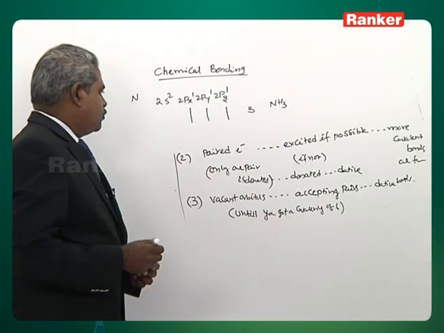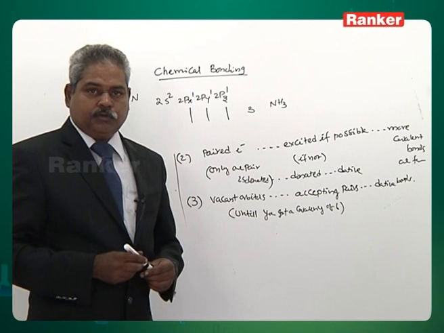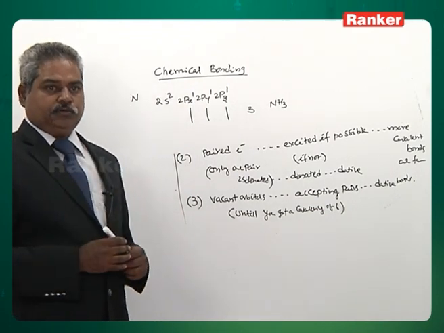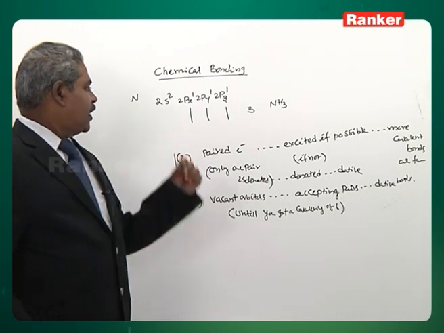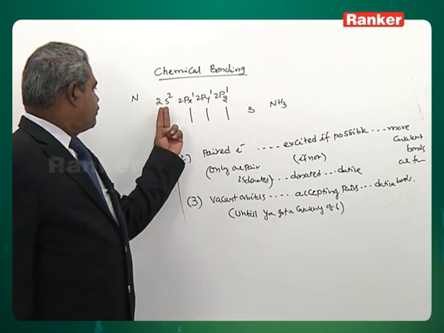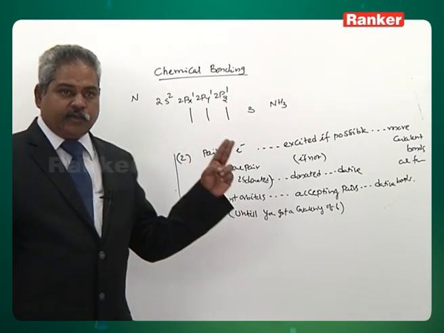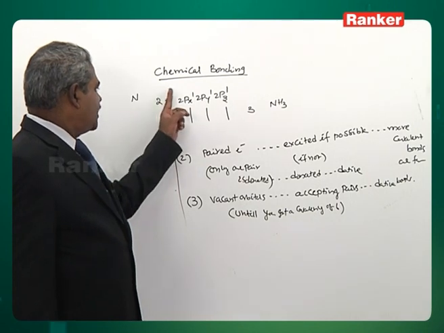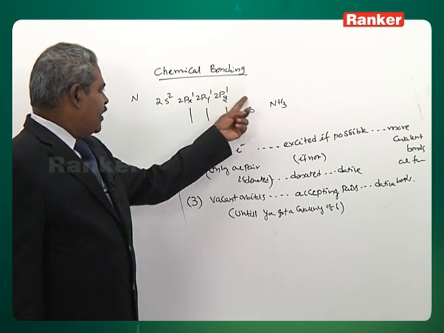Now, what else can nitrogen do? We should account for all the valence electrons, what they are doing. Now, it has 2 more electrons, but this being a pair of electrons, this pair can be used only when it is excited. But when the 2s electrons are excited, there is no vacant orbital here.